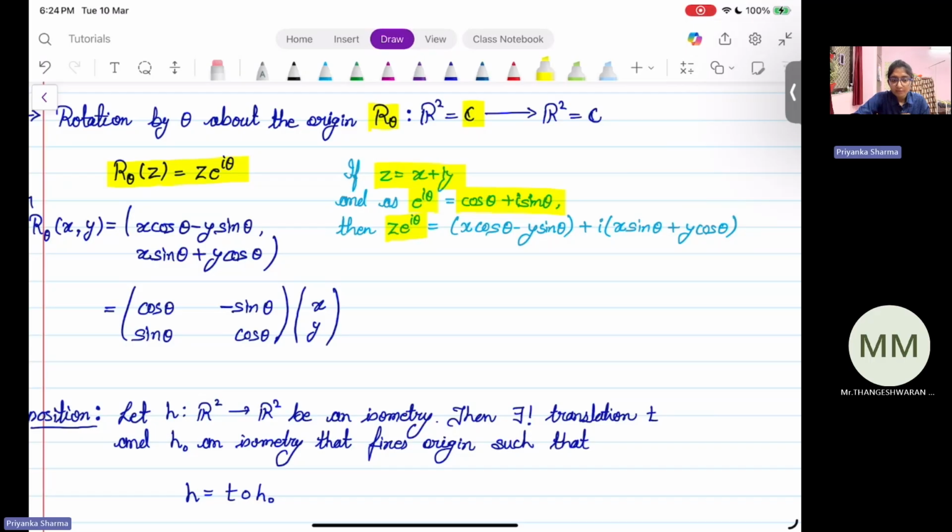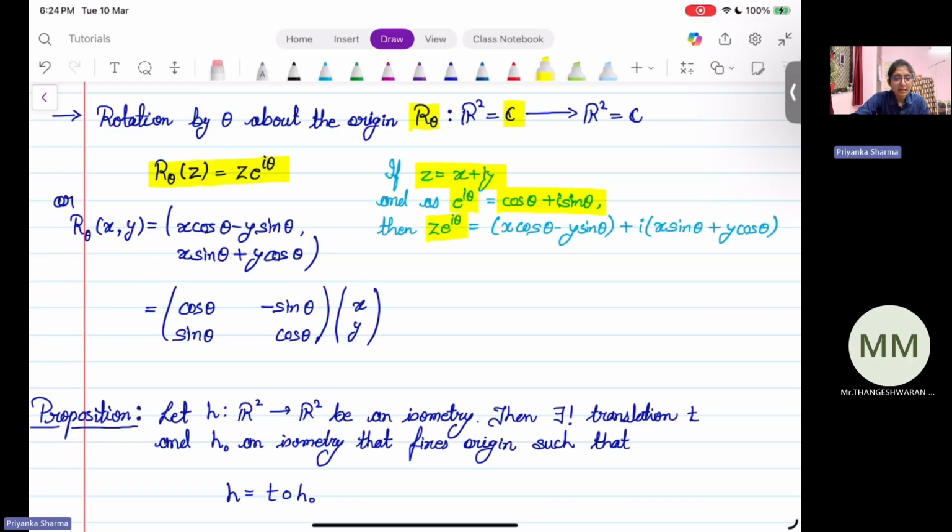So if we want to find the rotation by angle theta of some point z in C, then this will be z into e to the power i theta. That is, we multiply z by e to the power i theta.